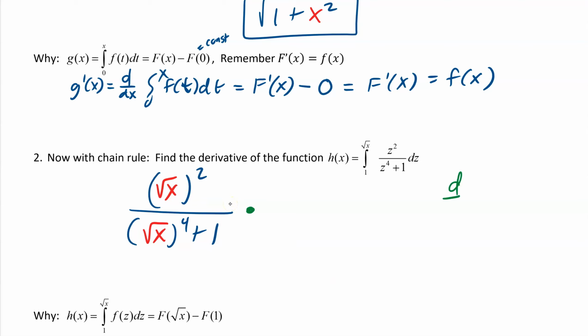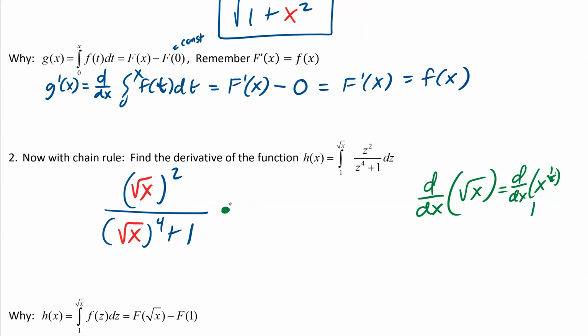So what is the derivative with respect to x of the square root of x? That becomes the derivative with respect to x of x to the half, right? So we already know that becomes 1 over the square root of x, oops, with a 2 in front. So we end up with 1 over 2 square root of x.